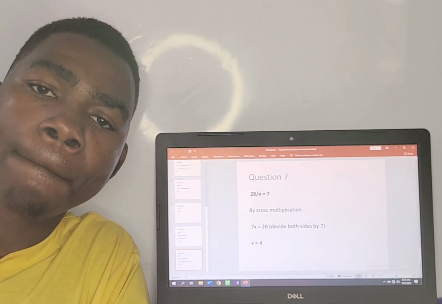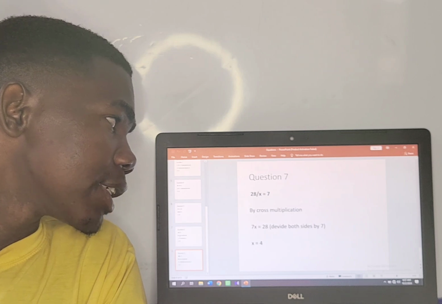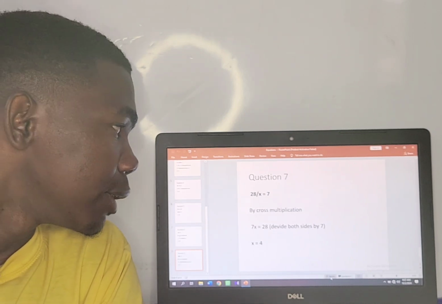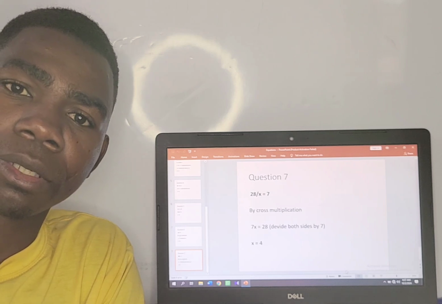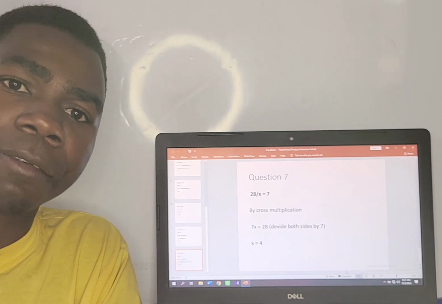Question number 7, which is 28 over x is equal to 7. Now we are given 28 divided by x is equal to 7. But the question wants us to find the value of x.